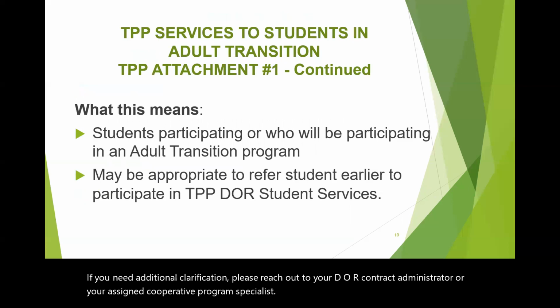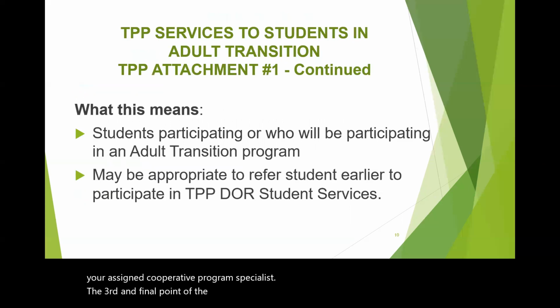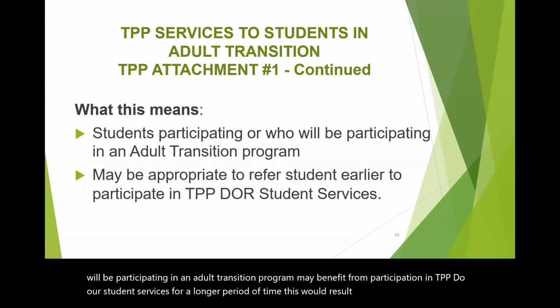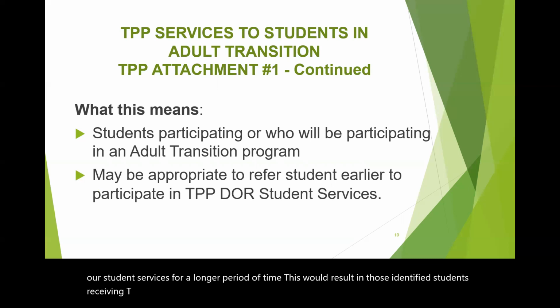The third and final point of the guidance memo provides guidance that students who are or will be participating in an adult transition program may benefit from participation in TPP DOR student services for a longer period of time. This would result in those identified students receiving TPP DOR student services for longer than the 2 to 3 year timeframe, should it be beneficial.